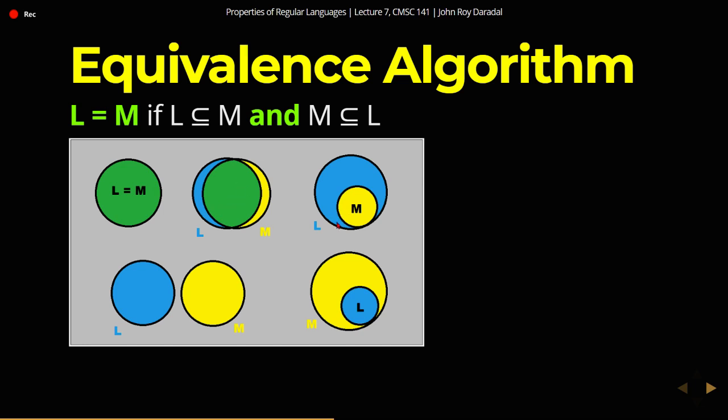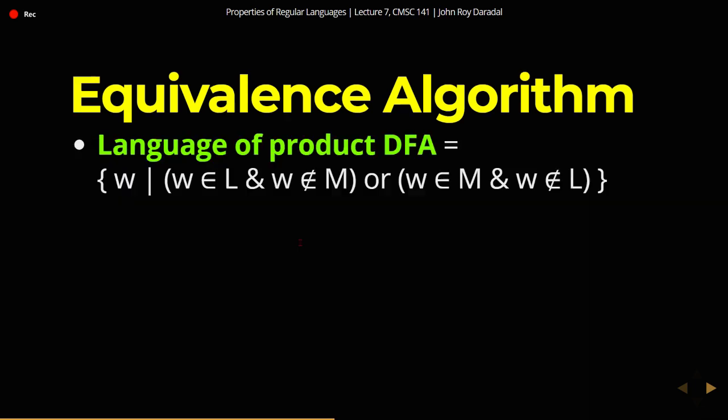Or if M is a subset of L or L is a subset of M. So whichever way is bigger, if one of them is a subset of another, then they cannot be equal also. And then if they are totally disjoint, then obviously they are not equal because they're two totally different sets. So the only way that they will be equal is if they totally intersect with each other. So total overlap. Okay, so they must be a subset of each other.